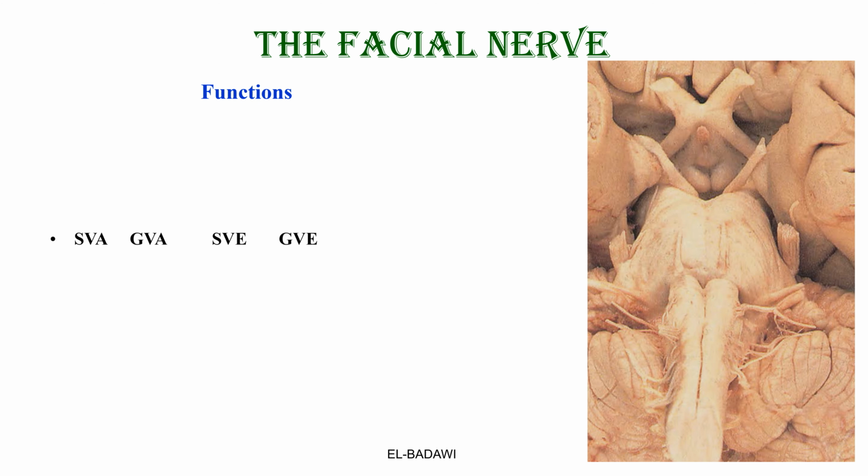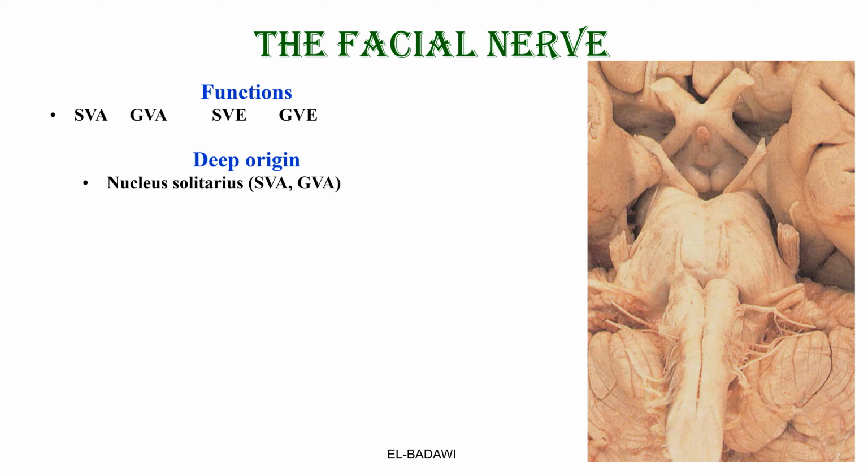The functions, as we said, are four functions: special visceral efferent, general visceral efferent, special visceral afferent, and general visceral afferent. There is some communication for general somatic afferent fibers between the facial nerve and the trigeminal.